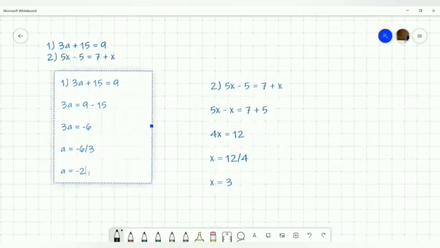Then the equation can be given like this, that 9 is equal to 3a plus 15. See, this equation is also the same as this one, but only the sides are changed. Then what you will do is just interchange the sides first and then solve it this way.